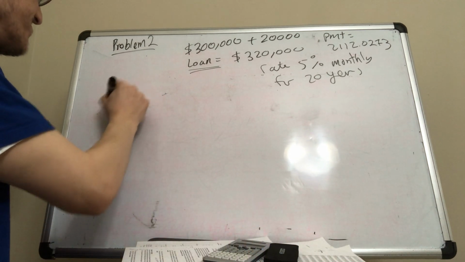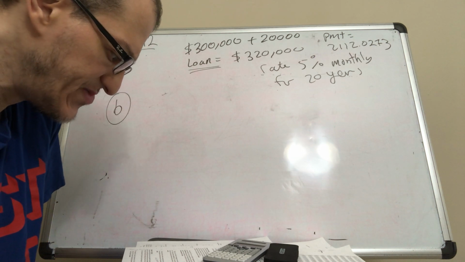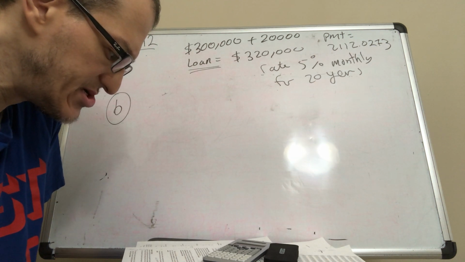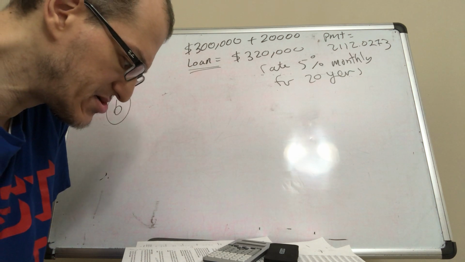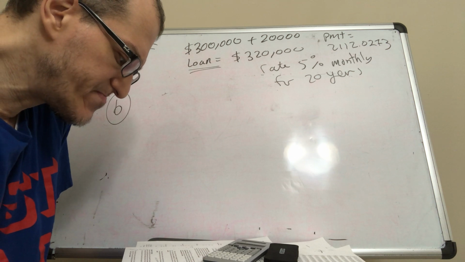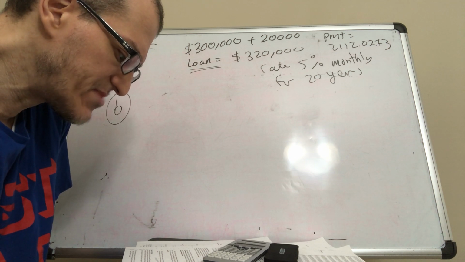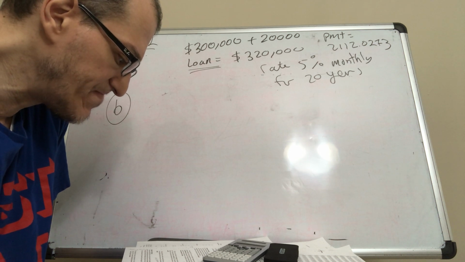B. At the end of the fifth year, you'll need to negotiate a new interest rate and a new payment schedule. The loan contract allows you to pay 10% of the original, no penalty.